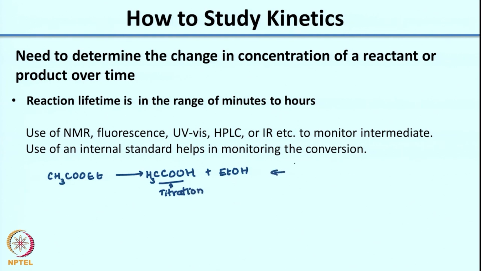So, this is a very basic lab experiment, but many a times you have reactions that take place in minutes to within a few hours. So, you need faster methods to determine the concentration of the reactants.